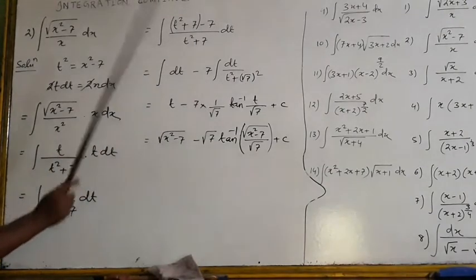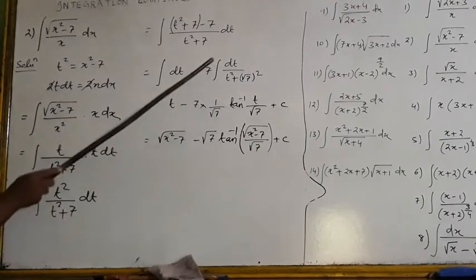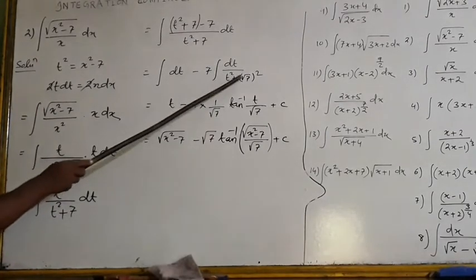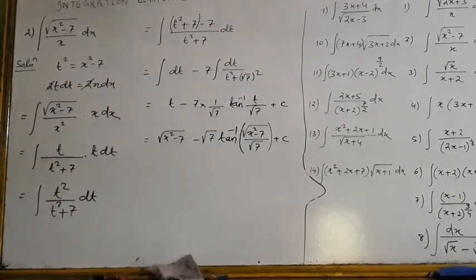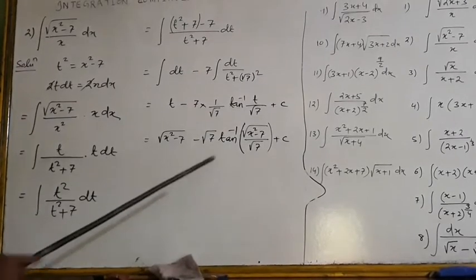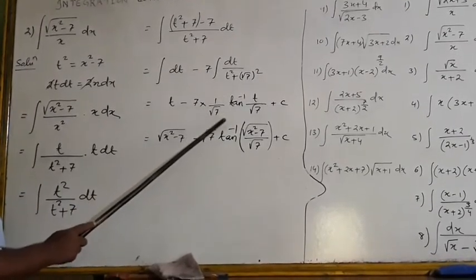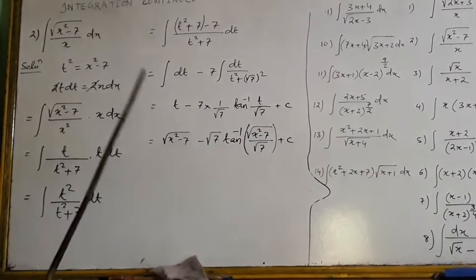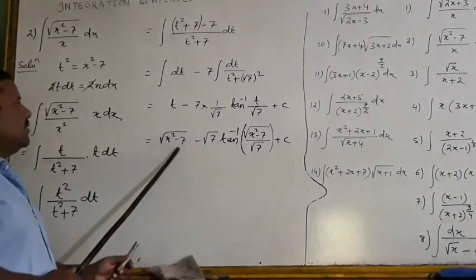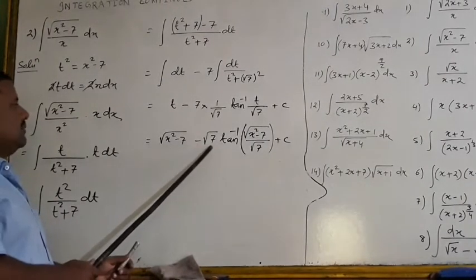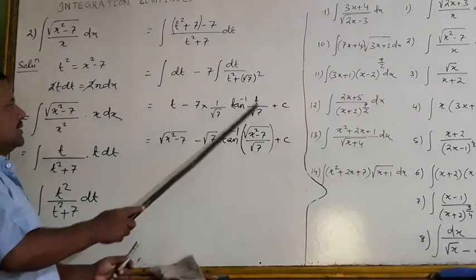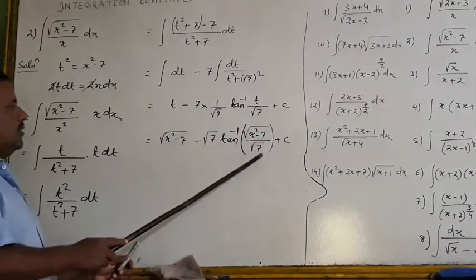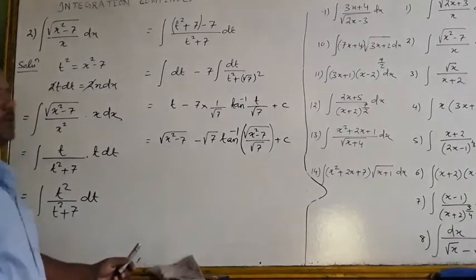In place of 7, I am writing root 7 whole square. And apply the formula dx by x square plus a square, that is 1 by a tan inverse x by a. Here 1 by root 7 tan inverse t by root 7. So it is root of x square minus 7 minus root 7 tan inverse (root of x square minus 7 by root 7) plus c. Okay.